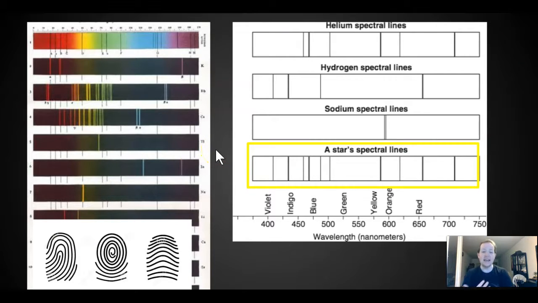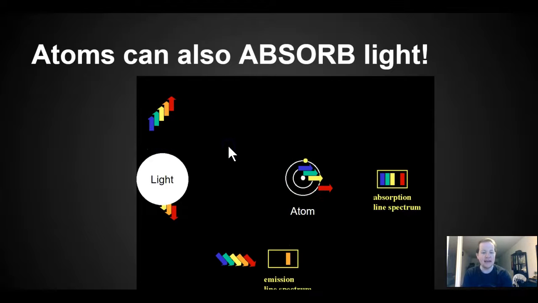This is what scientists do when they want to study what atoms are in an object, especially if that object is really far away. I can't bring the sun into my classroom to look at it. The sun is way out there. But I can use the light to see what fingerprints are there to find out what it is made of.